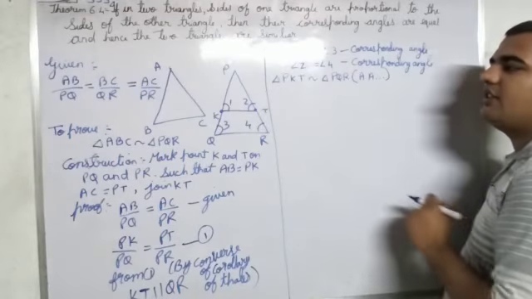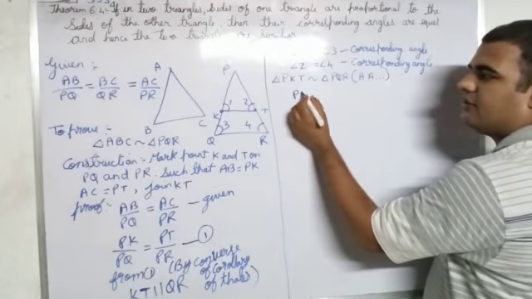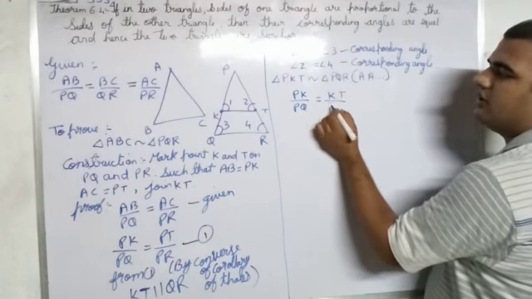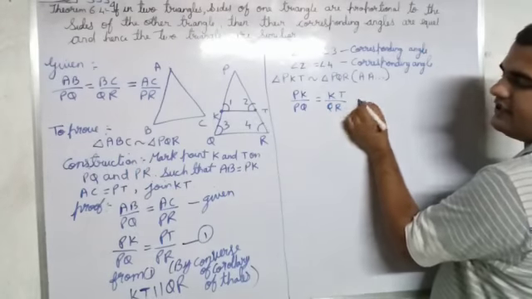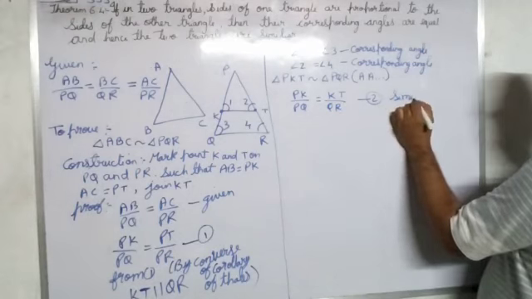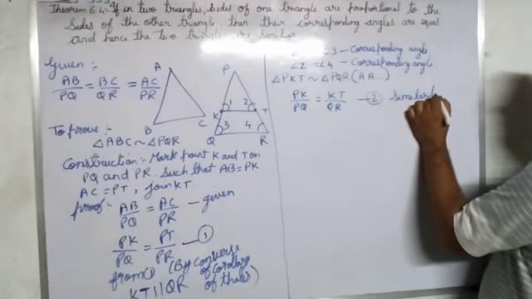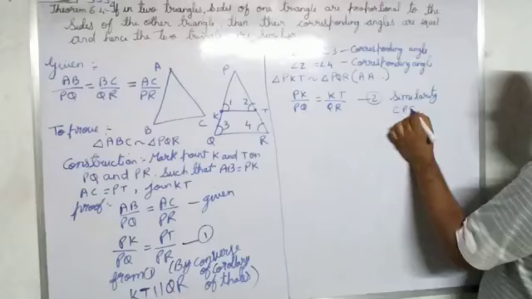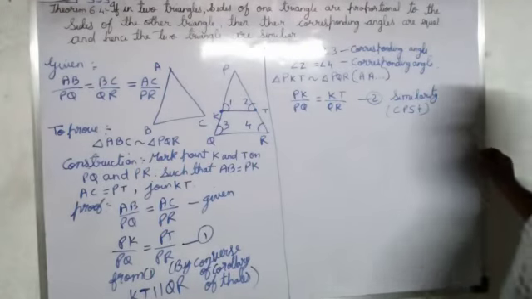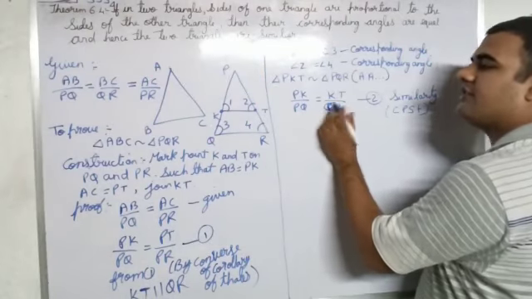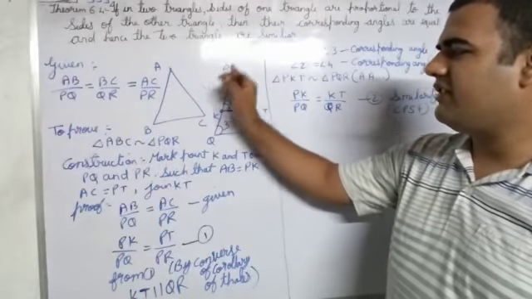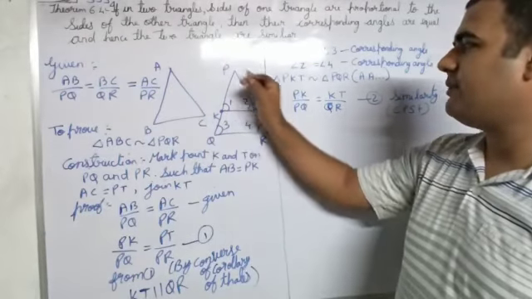Now we got this one. Can we say PK upon PQ equals KT upon QR? Name this as second. By similarity it is possible, yes. You can write similarity, or you can write CPST. Now see, why have I taken this? Because if I take triangles ABC and PQR, by construction AB equals PK and AC equals PT.